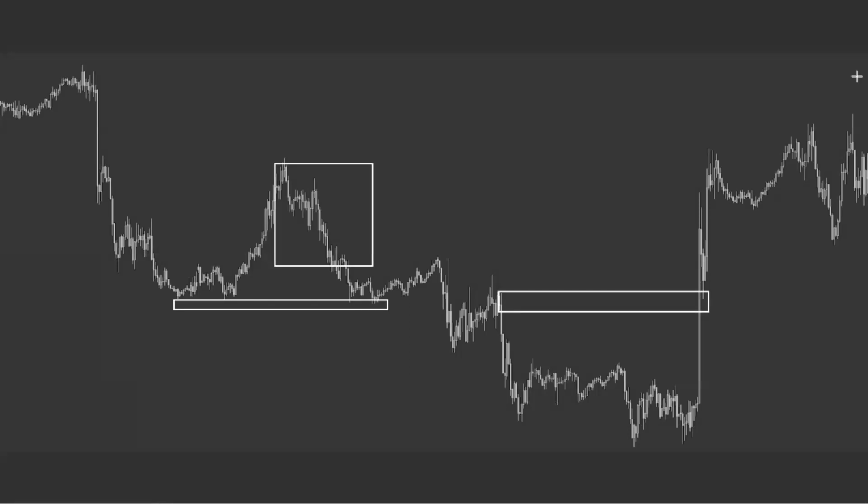Alex is asking, but is that not an illiquid move? Yes, you're right. It is an illiquid move. But this indicates something very particular to me, which will make me stay out of it, or at least wait for more price action to develop.